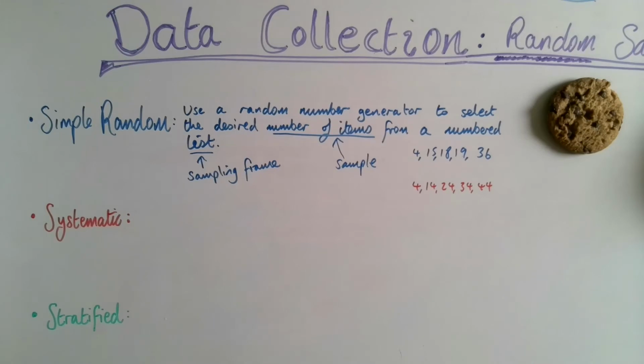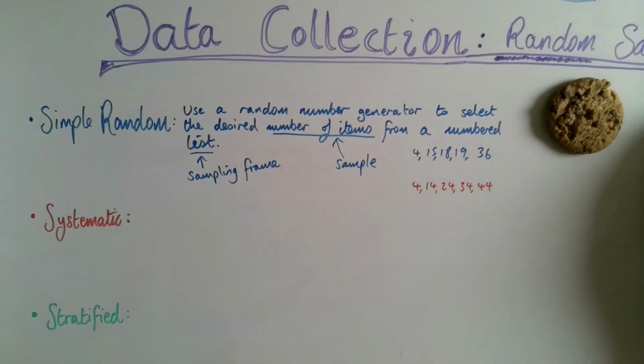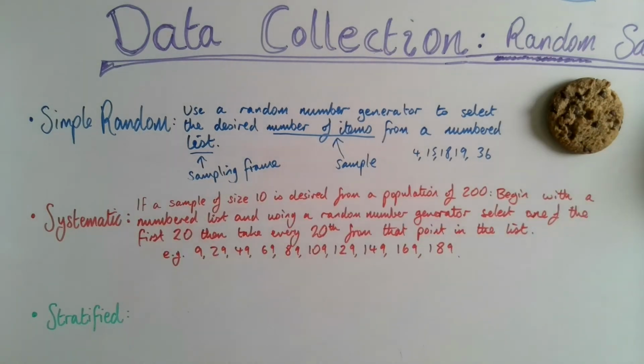They often like to ask about systematic sampling, so see if you can write your description down before you see mine of how to do it. It's not an easy thing to do. I would always suggest coming up with an example of the size that you want.